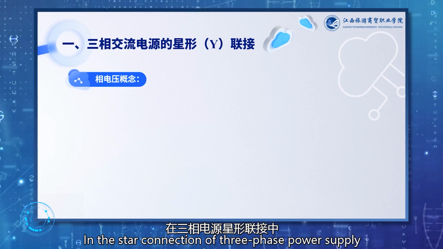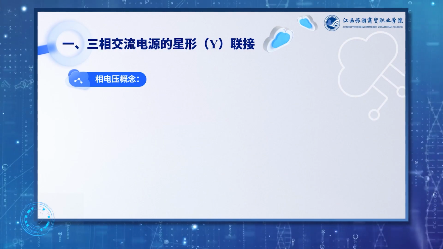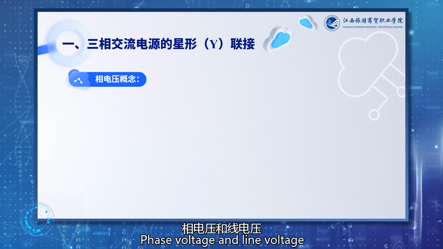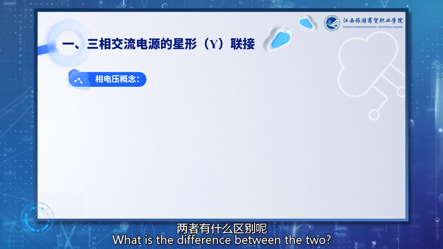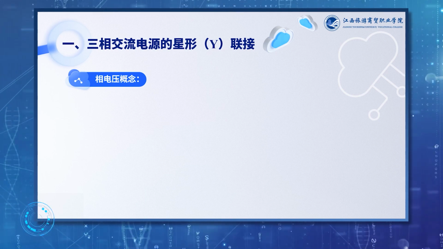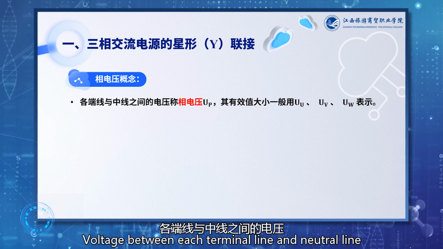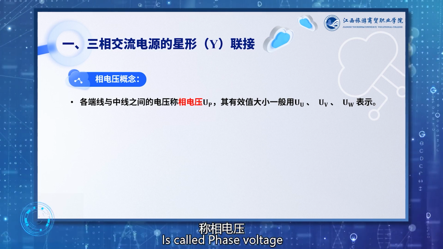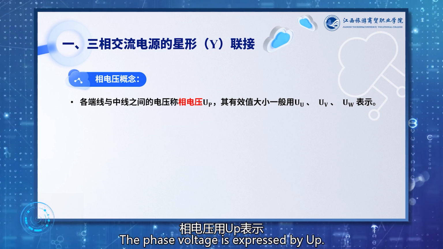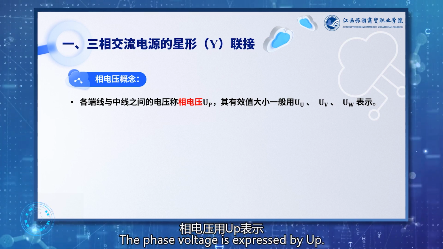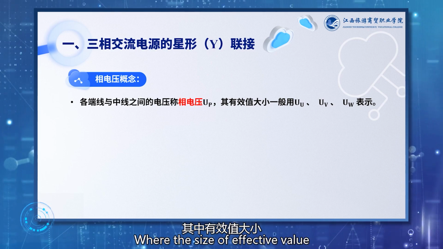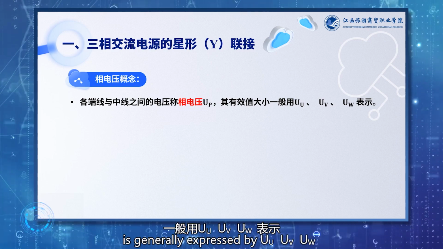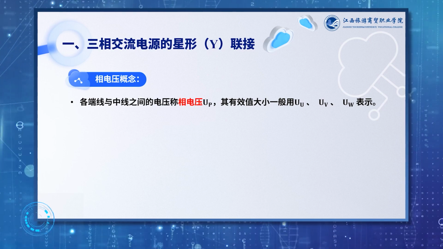In the star connection three-phase power supply, there are two kinds of voltages, namely phase voltage and line voltage. What is the difference between the two? The voltage between each terminal line and the neutral line is called phase voltage. The phase voltage is expressed by UP, while the effective values are generally expressed by UU, UV, UW.